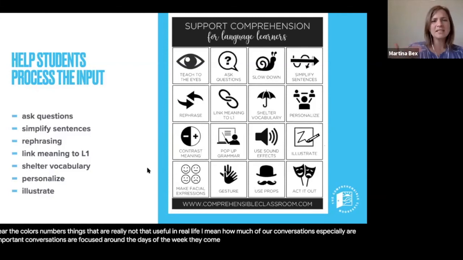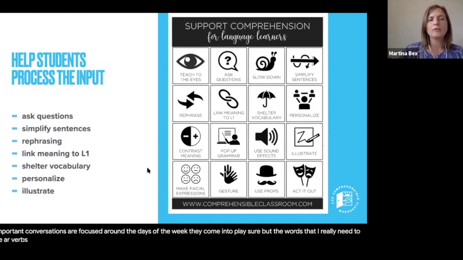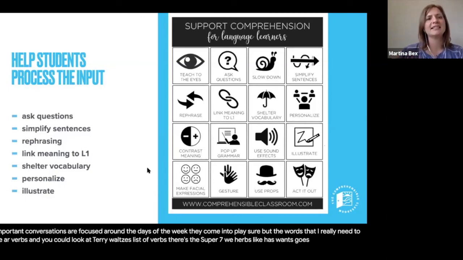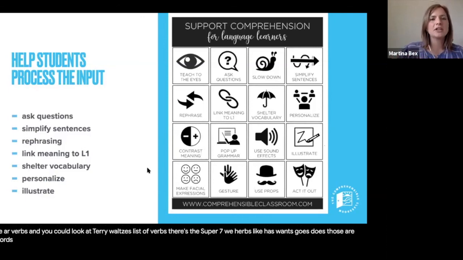They come into play, sure, but the words that I really need to be able to communicate with other people are verbs. And you could look at Terry Waltz's list of verbs, the Super 7, verbs like has, wants, goes, does. Those are words that we use all the time, no matter what topic we're talking about.